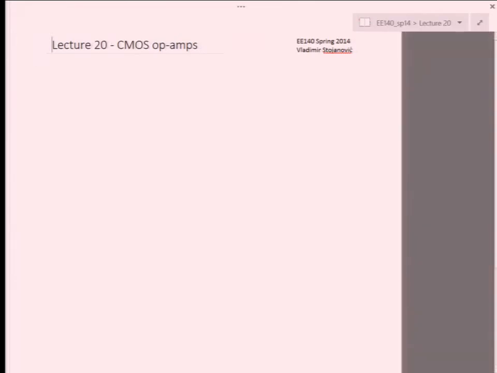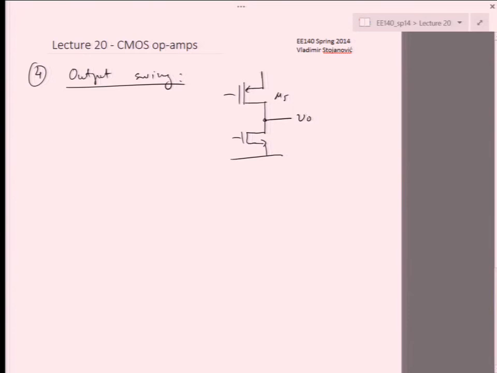Let's take a look at some other properties, like output swing. Let me just repeat that stage here so we can analyze it a little better. So M5 is here, VO. This is VDD. This is VSS. This is M6. So what is the maximum output we can have?